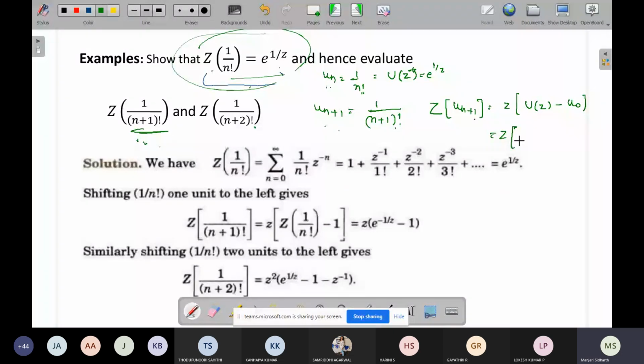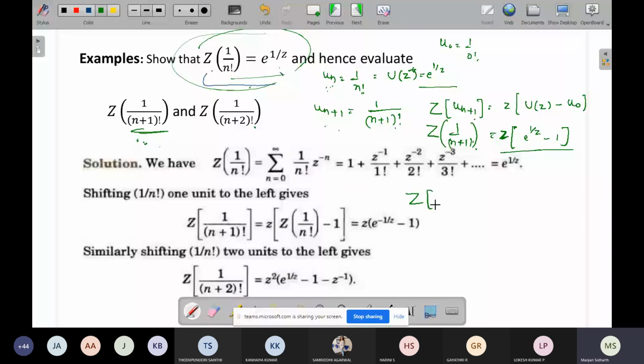Uz value is e power 1 by z. If un is this, u naught is 1 by 0 factorial, that is 1. So the z transform of 1 by n plus 1 factorial is this. That's it.